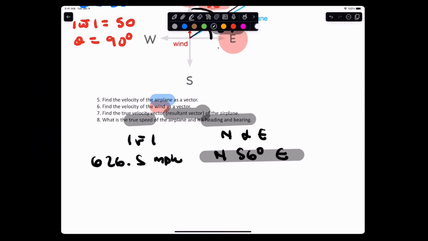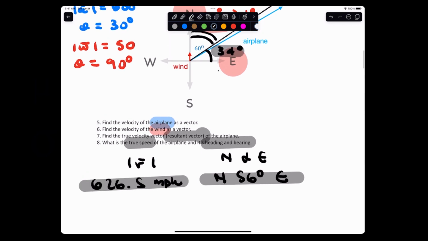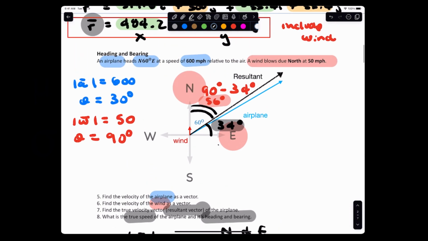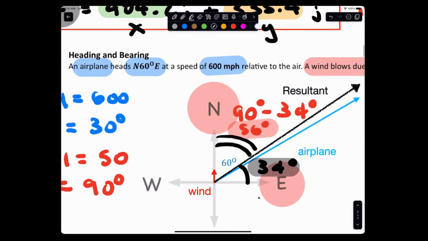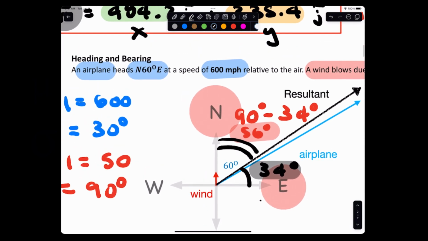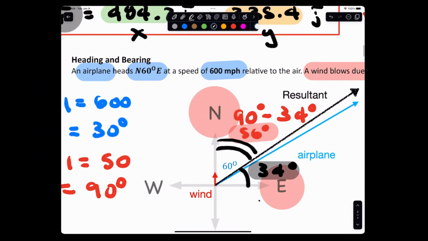So those vectors were very helpful in doing what? Those vectors are very, very helpful in finding the true magnitude and direction of the airplane, the velocity. When you include the wind, notice the wind actually helped the speed of the airplane.